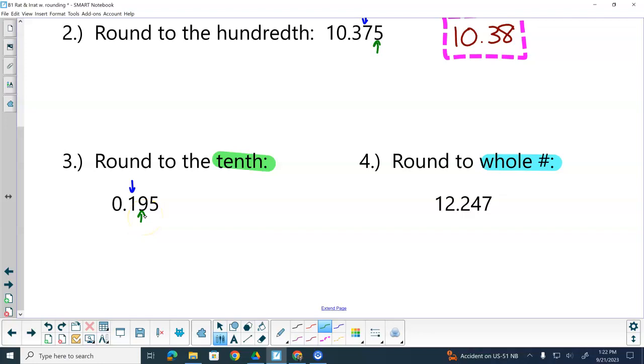Is that a keep the same or up by 1? It's an up by 1, so this would round to 0.2.